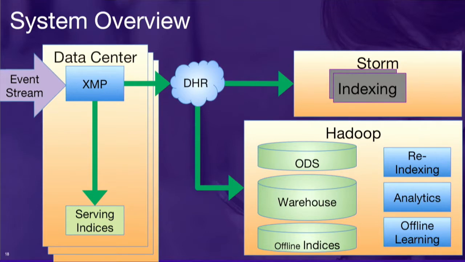Now on Hadoop, we divide the data store into two different parts. One part is ODS, which stands for Operational Data Store, and the other is the Warehouse. In the Operational Data Store, the retention is comparatively lower. We might just keep data for a couple of weeks there. But the latency of the feeds available is also low, which is preferred by a lot of incremental indexing consumer needs.